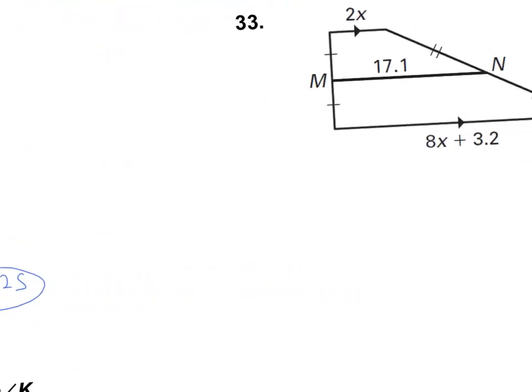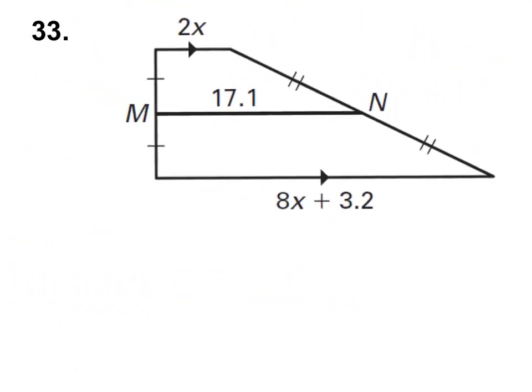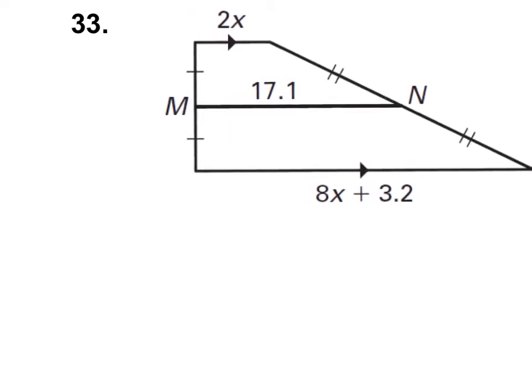Okay. Next one, number 33, another mid-segment one with trapezoids. So we'll take the bases 2x and 8x plus 3.2, and we'll divide those by 2, and we'll set that equal to 17.1. All right, so go ahead and times both sides by 2.